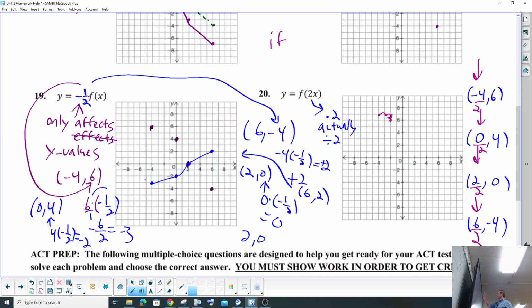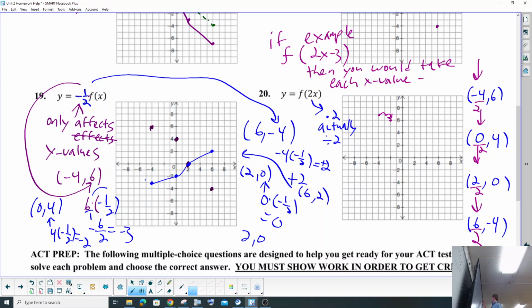If you had something crazy like 2x minus 3, for example, this is just an example, then you would take each x value and divide by 2 and add 3.